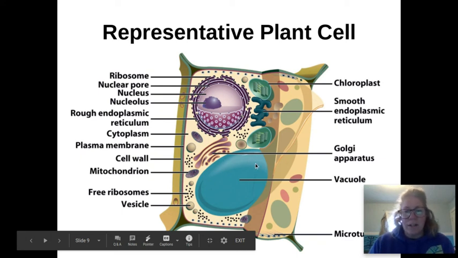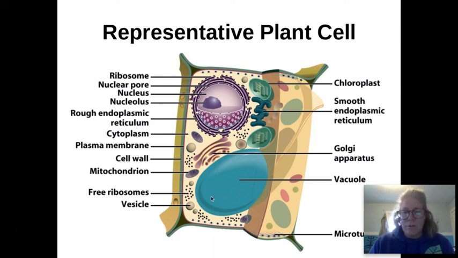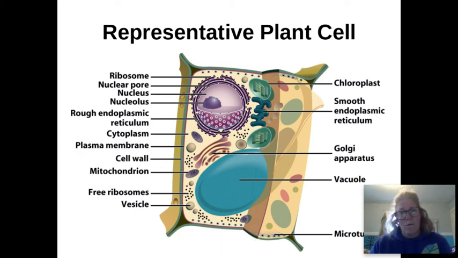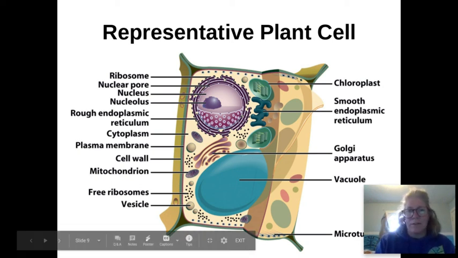That is a storage area. Animal cells have them, but plant cells have much larger ones because they store water. And that's important because if you think about why would it be important for a plant to be able to store water versus an animal cell being able to store water. So just think about that. There's a couple other differences, but we'll talk about those when we talk about each individual cell more directly.